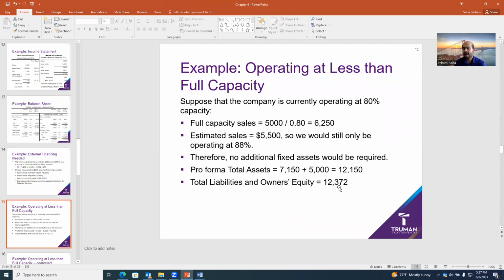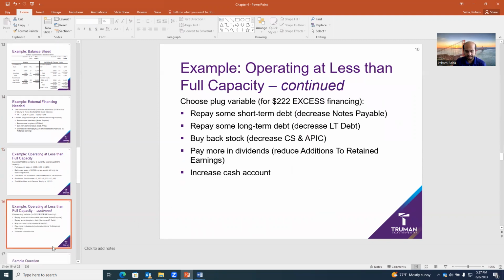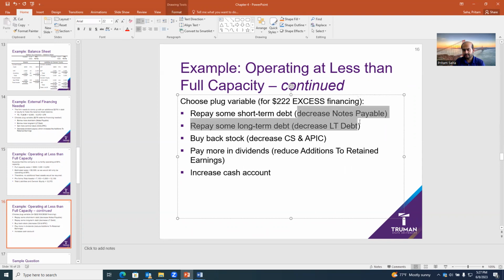What can you do? I answered in the last class. We can reduce debt, we can reduce equity, we can pay more dividends so that we can make the balance sheet balance. So here's the answer. Excess financing: decrease notes payable, decrease long-term debt, buy back some stocks, pay more dividends.